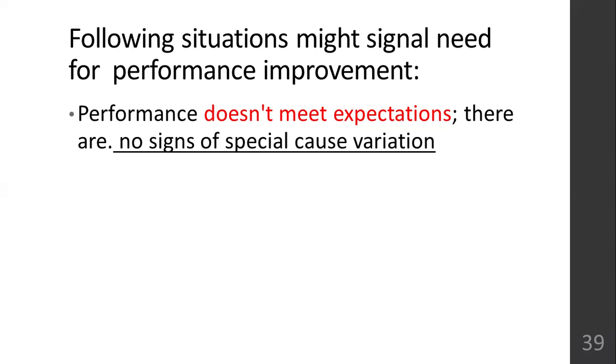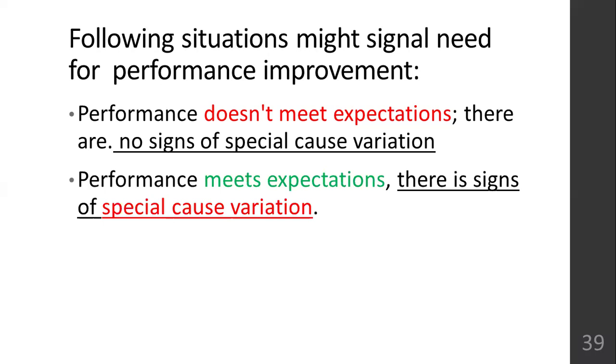Performance improvement is required. Next case: performance is meeting the expectation, but there were signs of special cost variation. Something very drastic, unheard of, out of the blue, very unexpected, a tragedy happened in the department, but still the department is meeting the expectation. So some tampering is done.